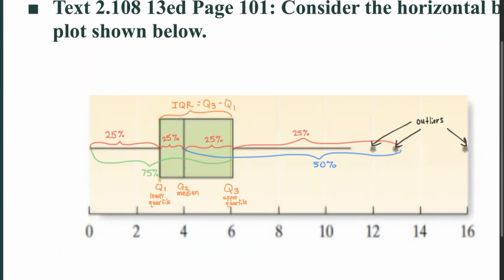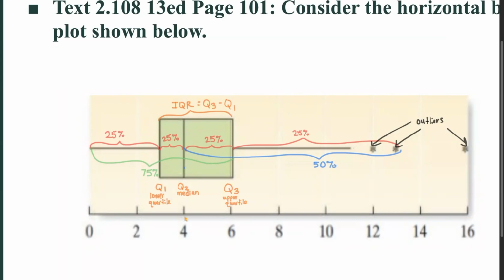So here, this is the lower quartile, this line here is quartile 2 or the median, and then here is the upper quartile. And so the first question asked us, what is the median of the data set approximately? So the median here would be approximately 4.